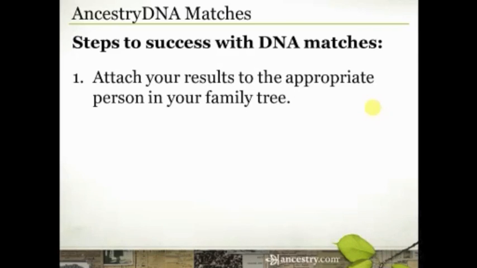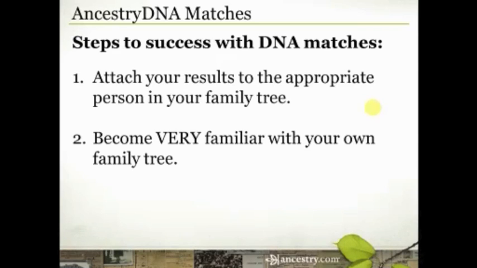So there are some things you can do there, but make sure you attach your results to the appropriate person in your family tree. I did not attach them to myself because I'm not the one who took the test. Don't attach them to the home person if it's not the person that took the test. So that's really, really critical.